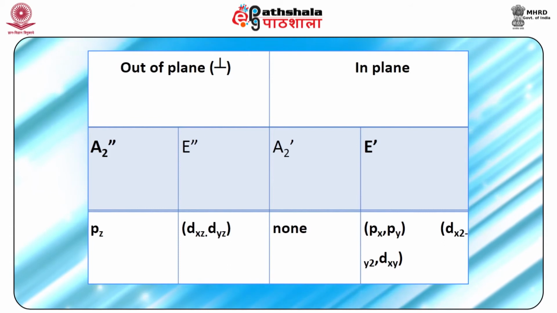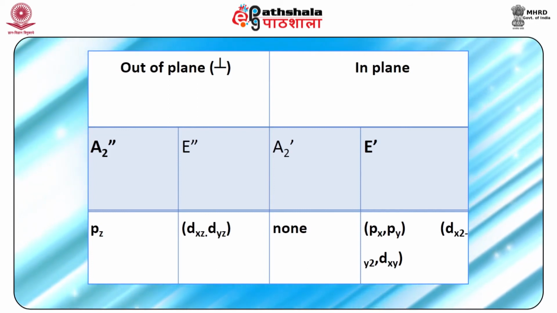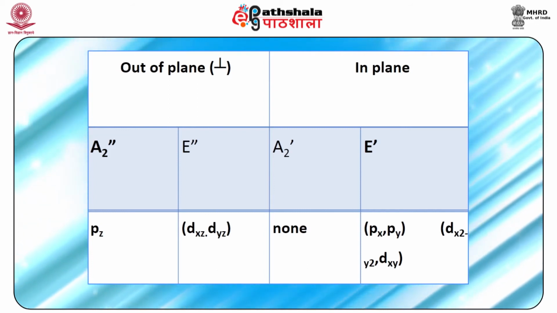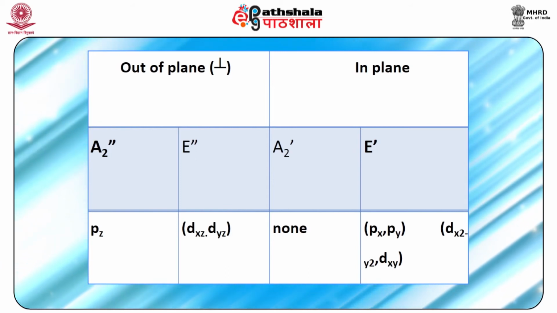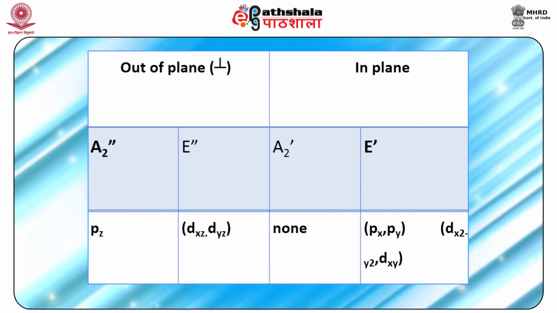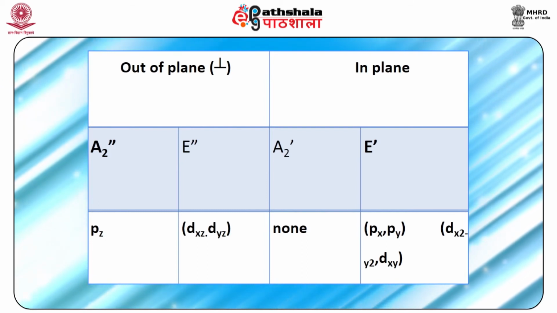Now what do I have to do? I have to find out the symmetries of the atomic orbitals on boron corresponding to these irreducible representations in the D3h character table, and the results are summarized as shown in the table. That is, I divide the table in two parts, out of plane and in plane.